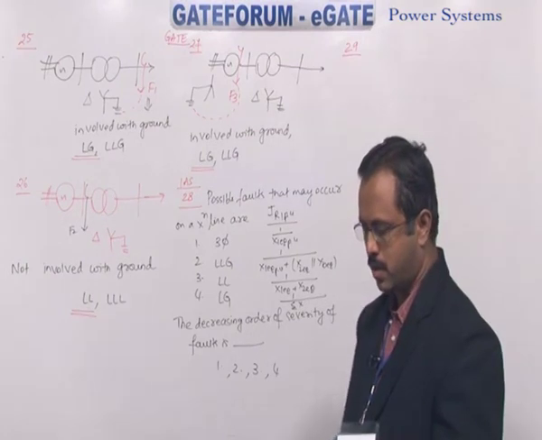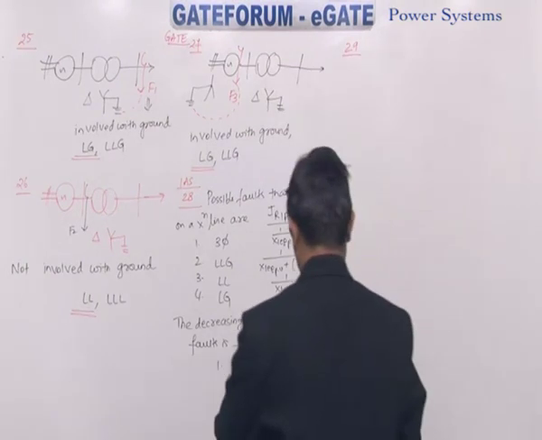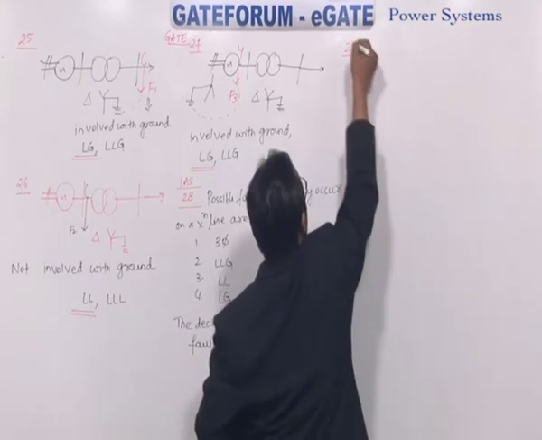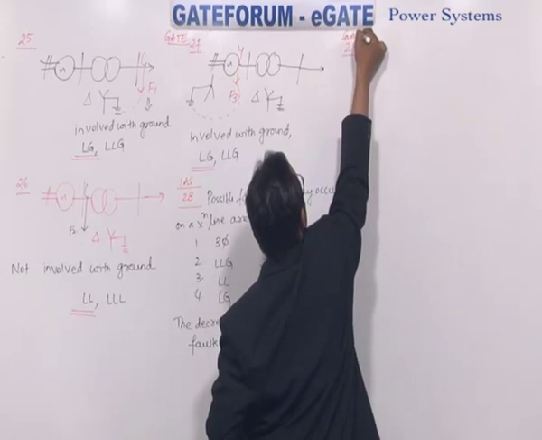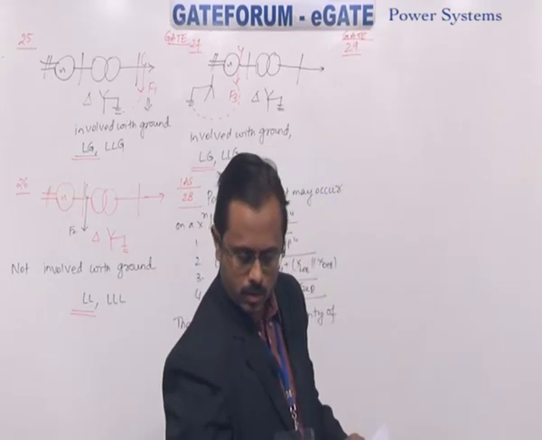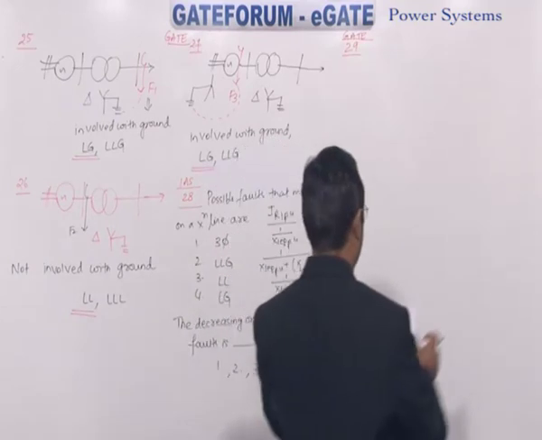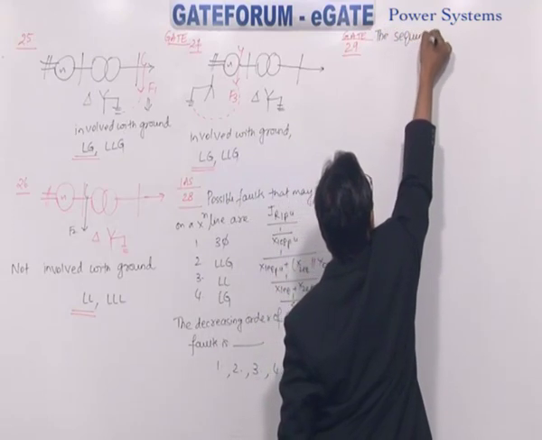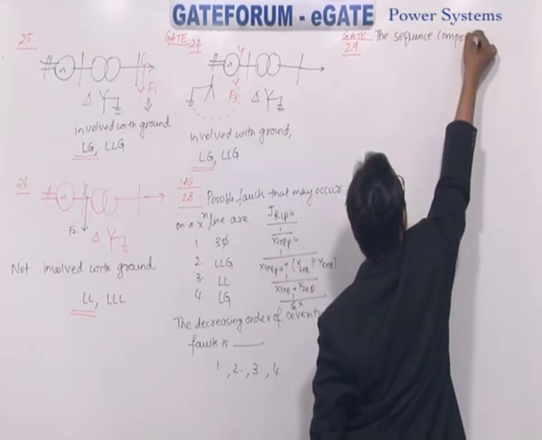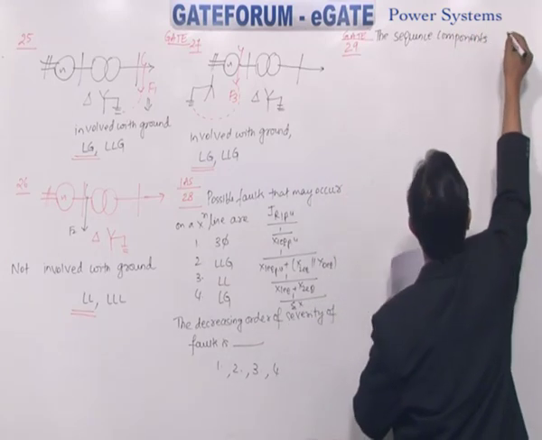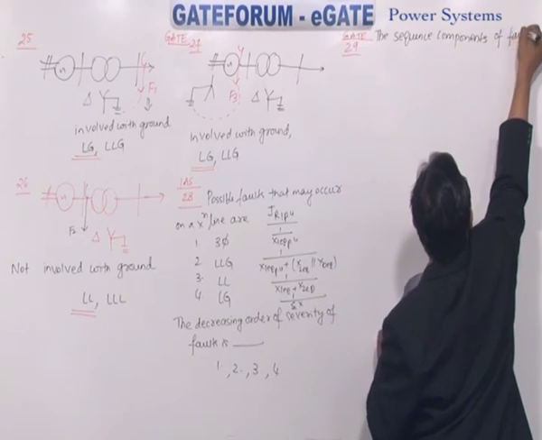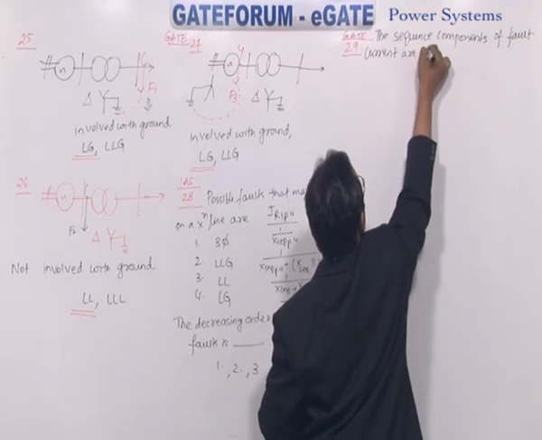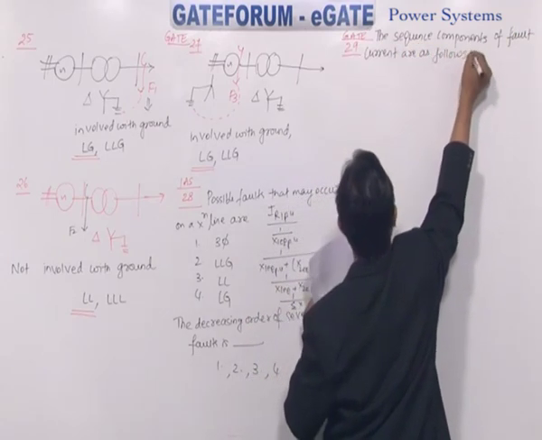Now we solve this next question. This was asked in one of the GATE question papers. The sequence components of fault current are as follows.